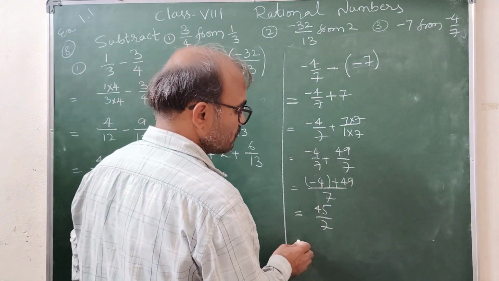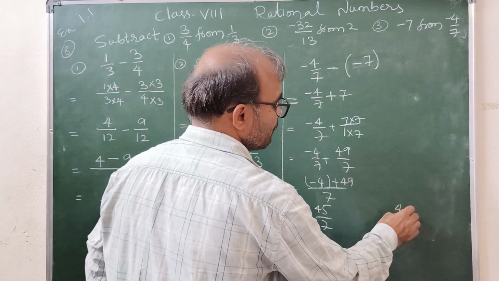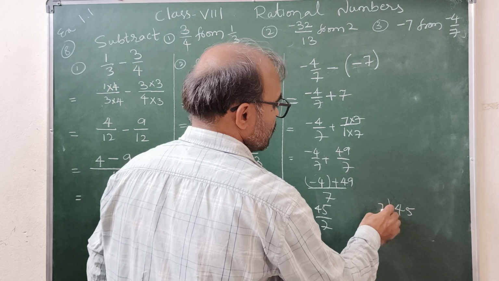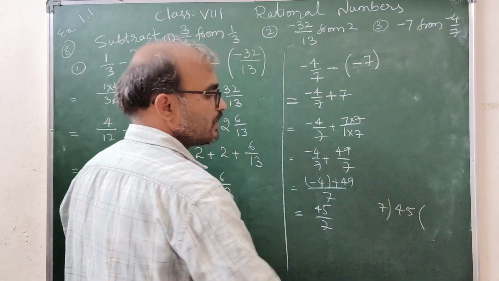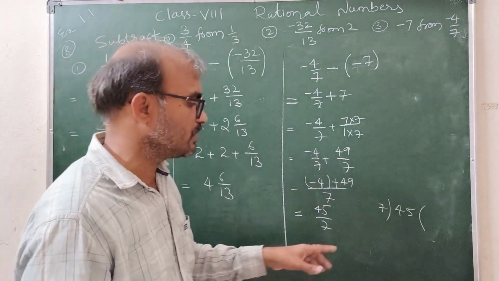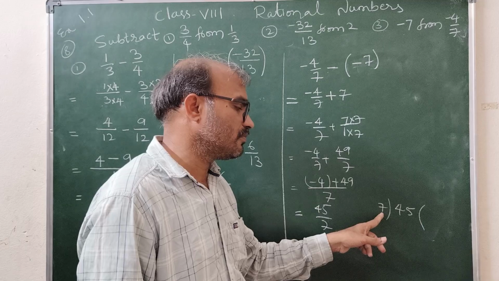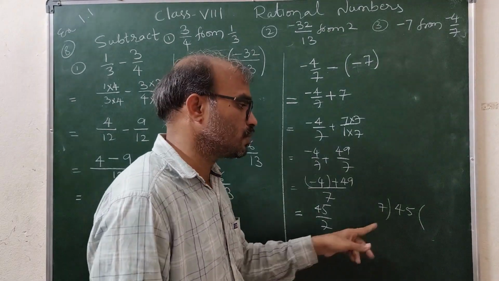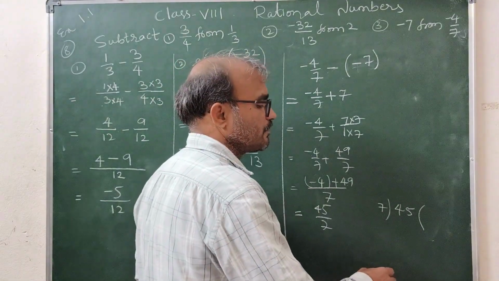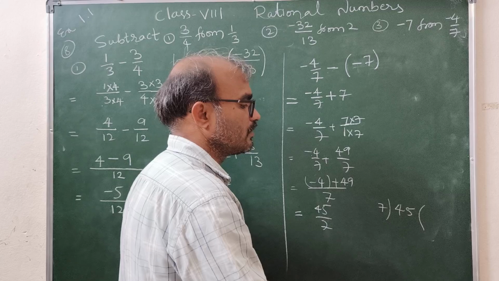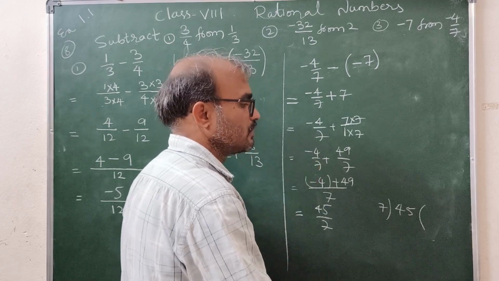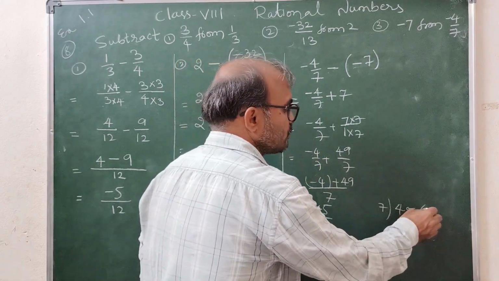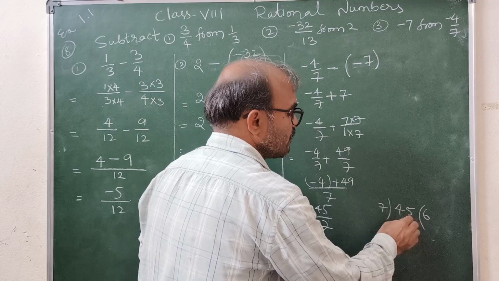Now again divide. You have to convert this into a mixed fraction. So 7 1s 7, 7 2s 14, 7 3s 21, 7 4s, and if you go on, you will get 7 6s 42.